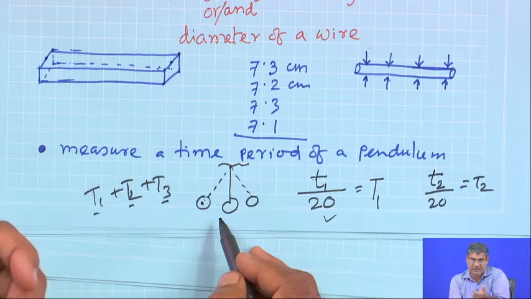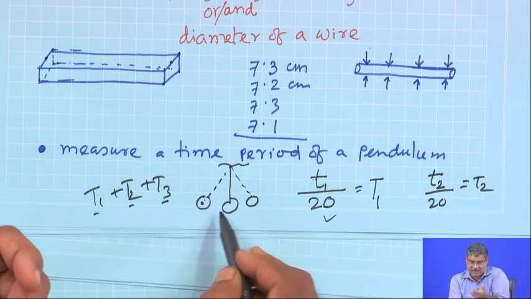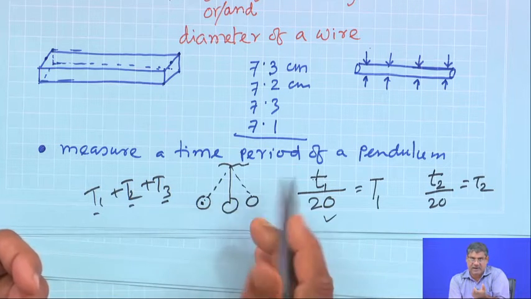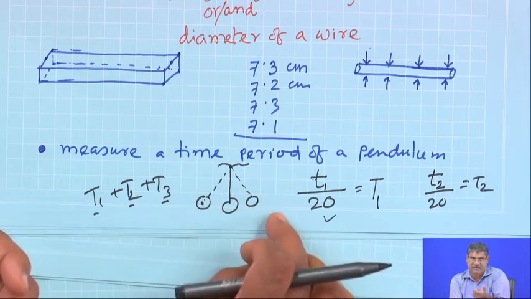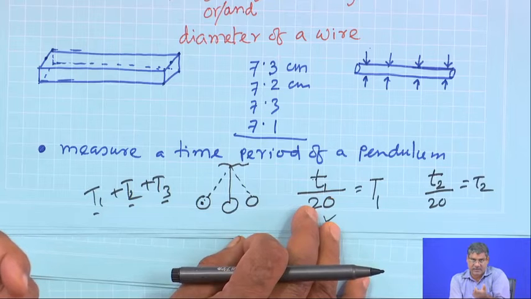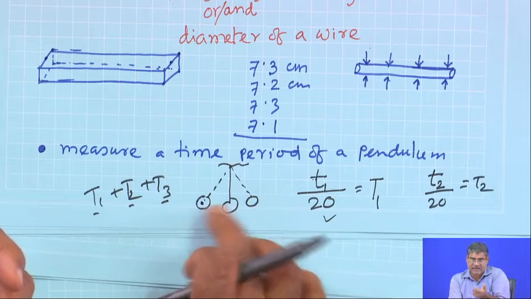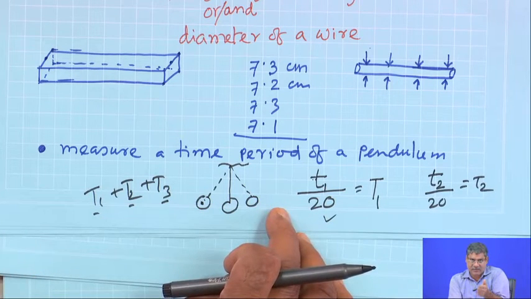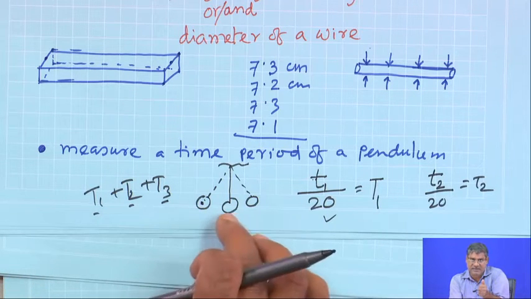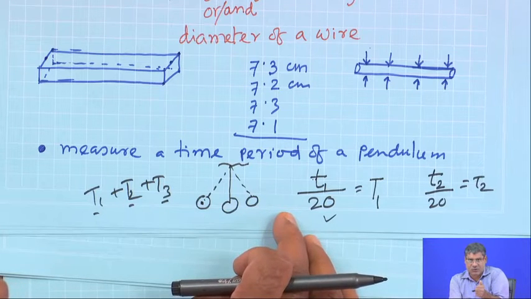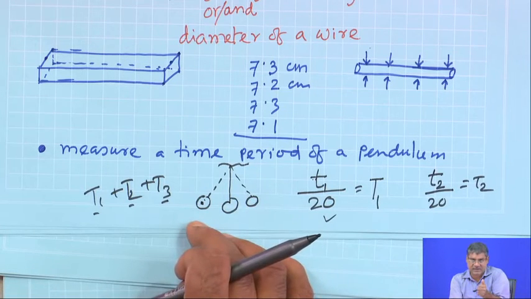Say it is 5 seconds, or this time period is even 10 seconds. If it is 10 seconds, now where will the error come from? Error will come from synchronizing the starting and the stopping with completing one oscillation.